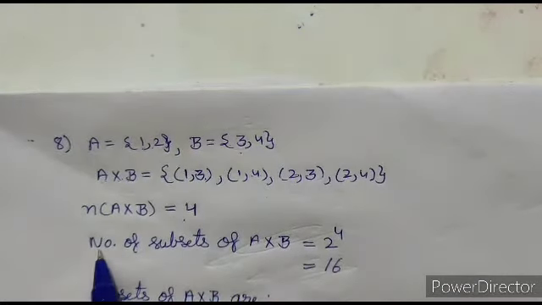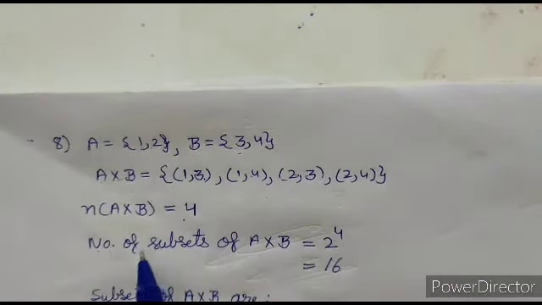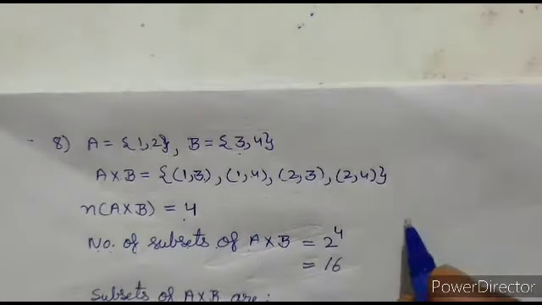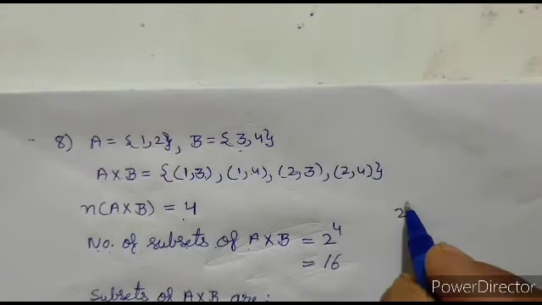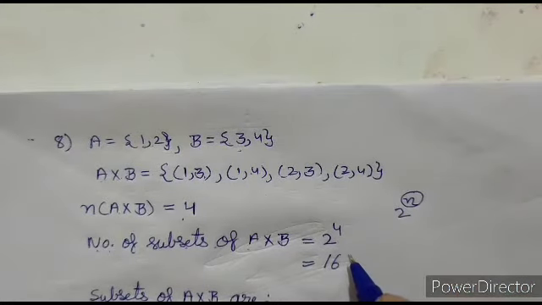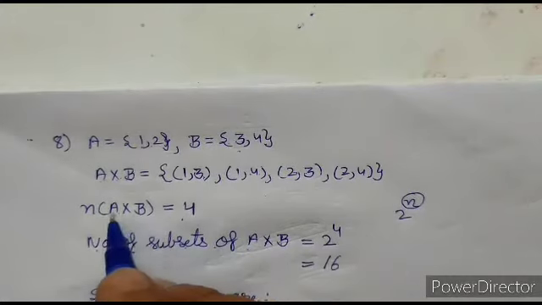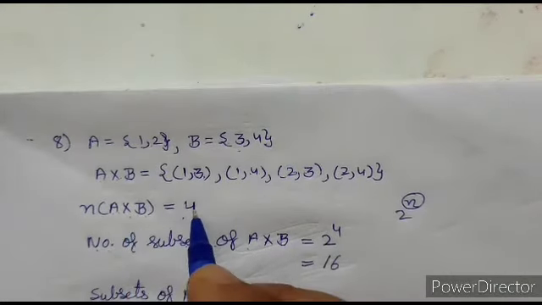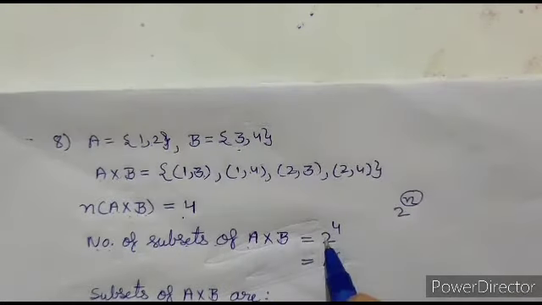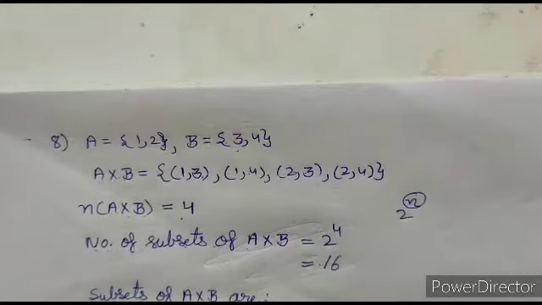Now the number of subsets of any set is equal to 2 raised to the power n, where n is the number of elements of the set. Here the number of elements in A cross B is 4, so the number of subsets of A cross B will be 2 raised to the power 4, which is 16.